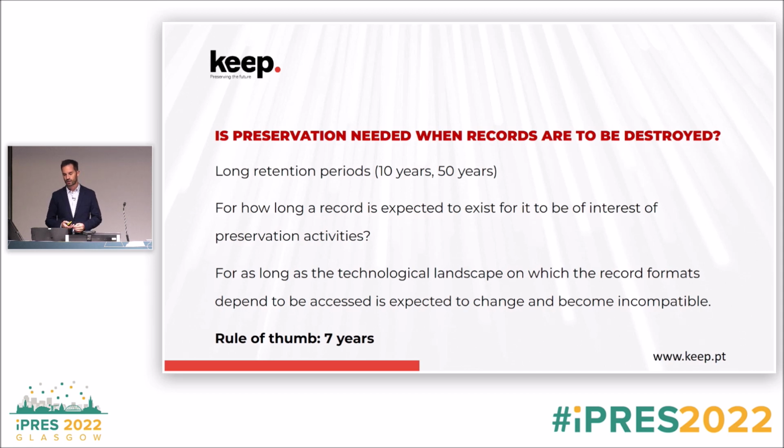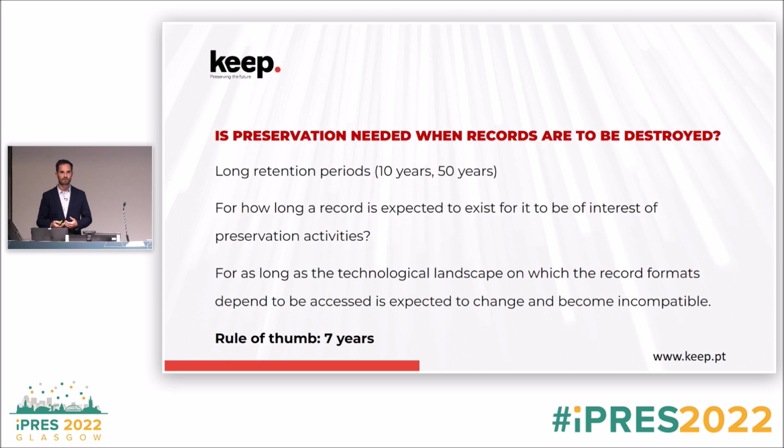And then another question comes up: so when do we actually need to transfer records and data to a preservation system? Well, I will argue that it depends. It depends on the record, it depends on the format, it depends on the content. You can say that you can keep it on the production system and not worry about preservation whenever you can trust the technological landscape to be compatible with the formats within the system, within the record.